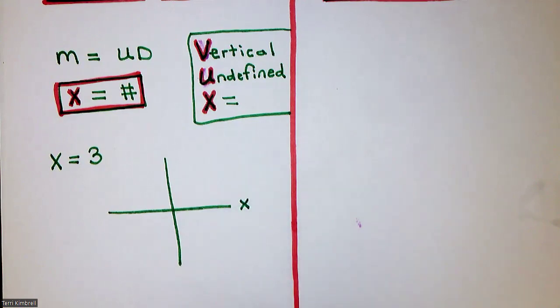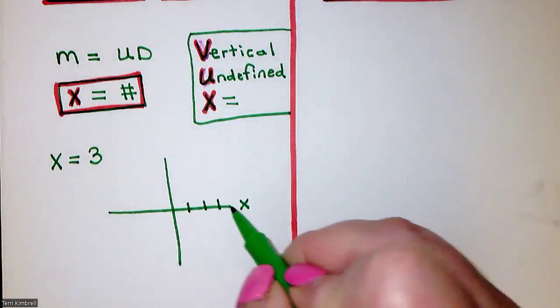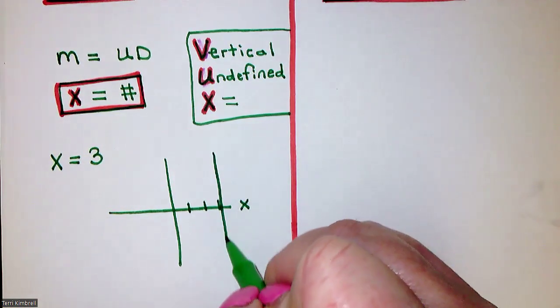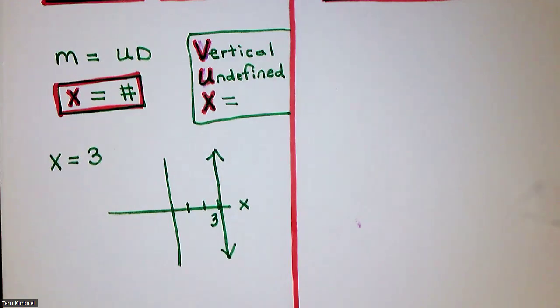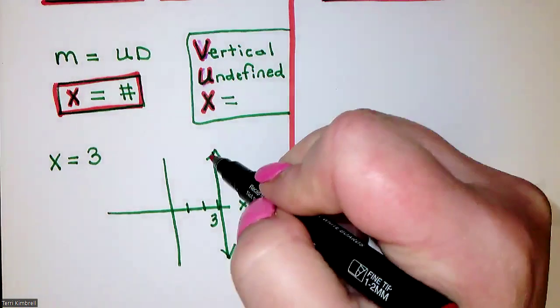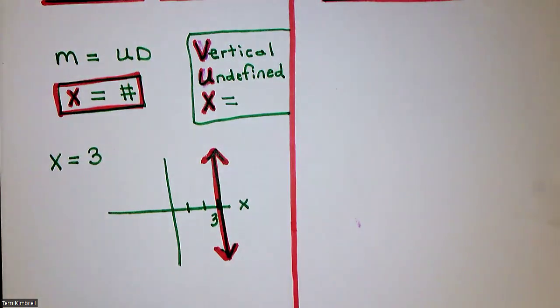Remember, your x-axis is the horizontal axis. You're going to find the number 3. And you're going to draw a vertical line that goes right through that point 3.